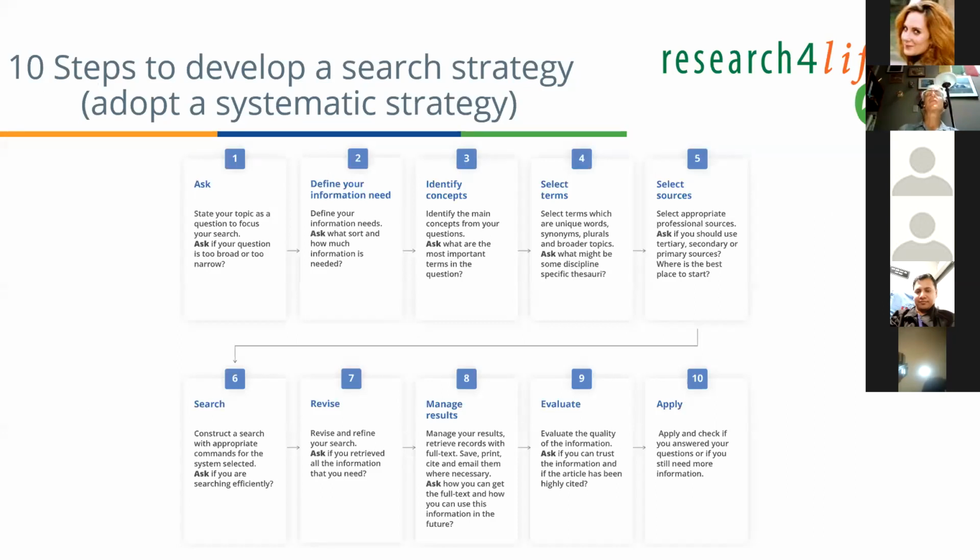Okay, here's just a little 10-step scenario that helps you organize what you're doing. And it helps to start a little bit in advance. State your topic, ask your questions. Are they too broad? Are they too narrow? Define your information need.